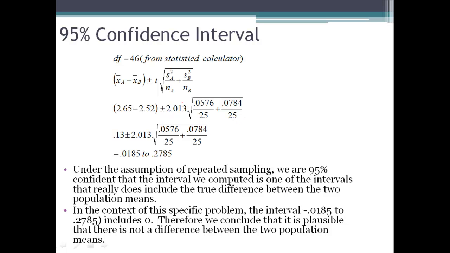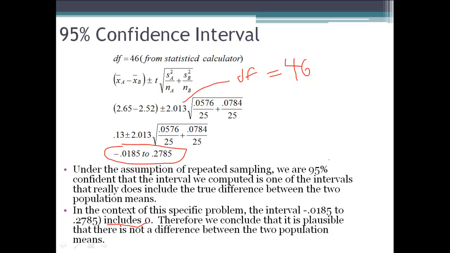But for now, just keep in mind that the degrees of freedom here, if you want to go ahead and look it up, is equal to 46. Well, anyway, then we get our interval, and it is minus 0.0185 to positive 2.785. That interval includes 0. That means it's plausible that there is not a difference between the two population means.